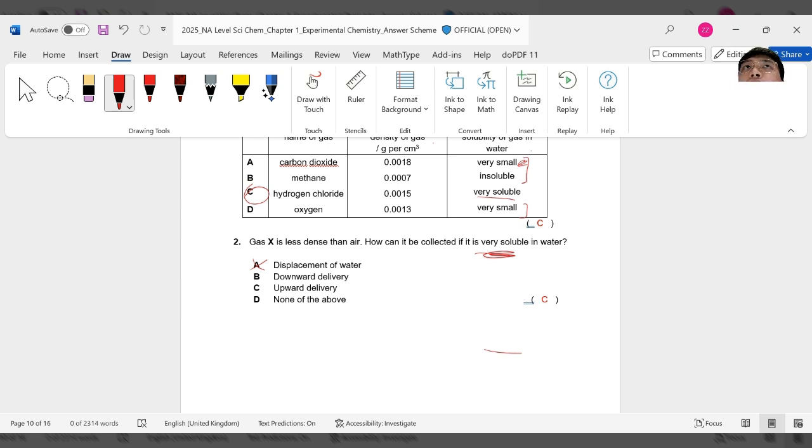To decide which, you have to compare the density. If it's less dense than air, it will tend to float above the air. If that's the case, we have to use upward delivery, so that the gas can come in and you collect it above the air, with the air at the bottom. So upward delivery.